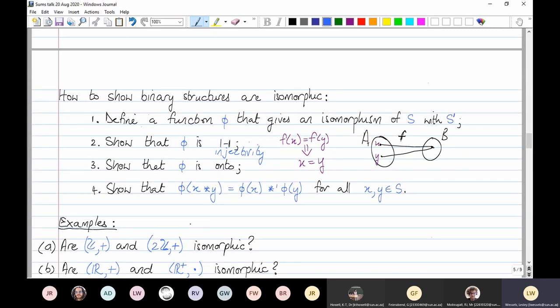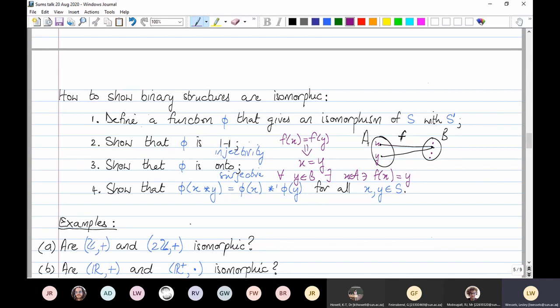And then onto is what we call surjective. What is onto? It means that for every element in B, there must be a pre-image. So for all Y in B, there exists an X in A such that my function maps X to that particular Y. In other words, all the elements in B must be used up, or have a pre-image.